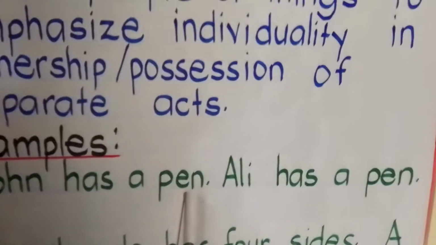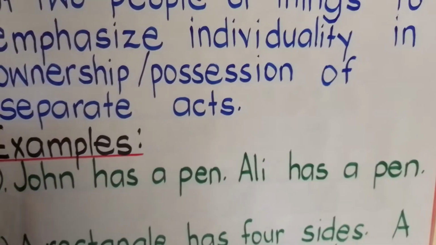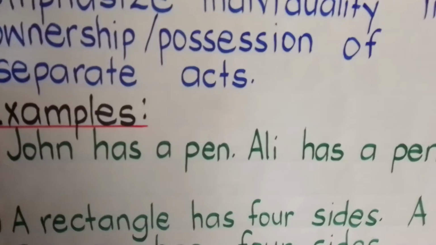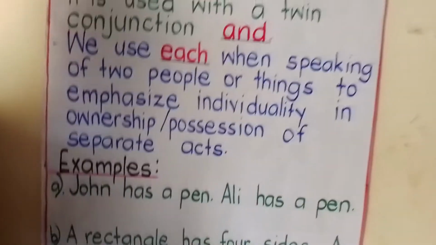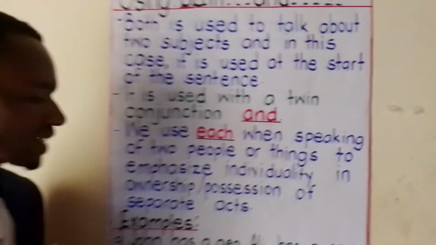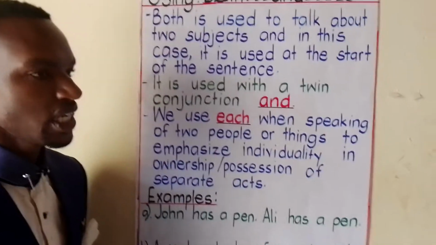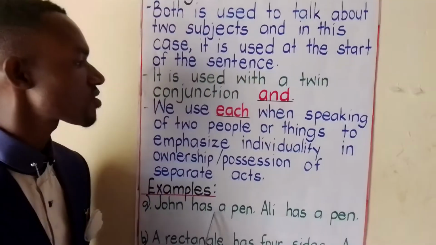John has a pen. Harry has a pen. In these two sentences, we have got two subjects. The first subject is John. The second subject is Harry. But they are all dealing with the same object, and it is having a pen by John and having a pen by Harry. So when we use both, this sentence will require us to use each.